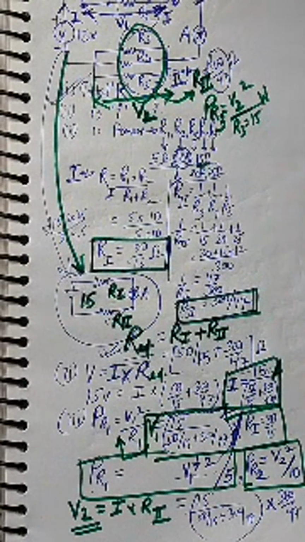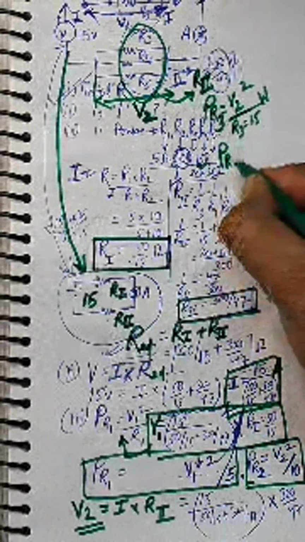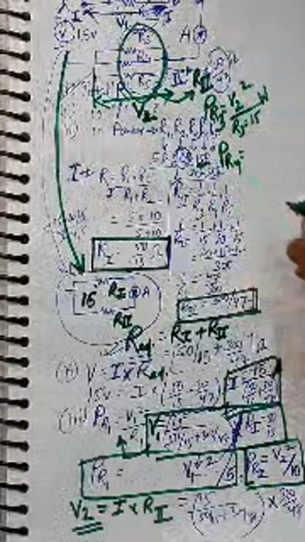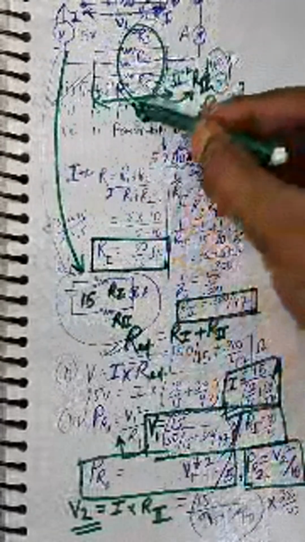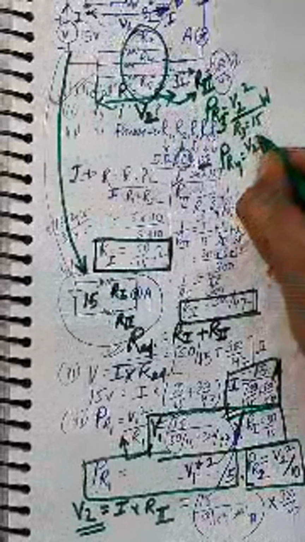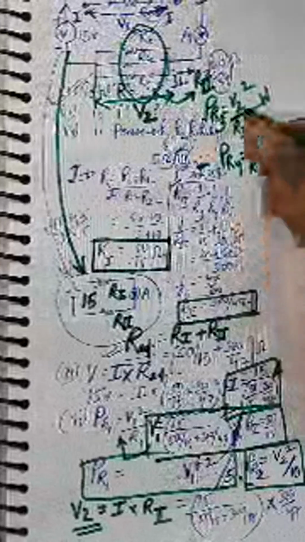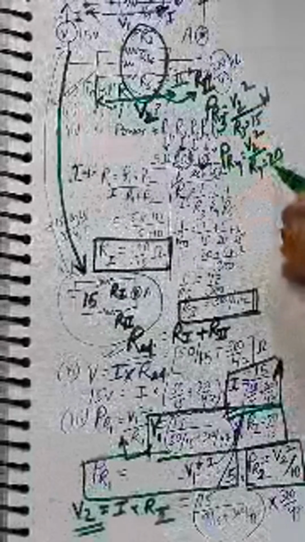This is power, right? Similarly, power across R4 will be equal to the same voltage, because the same V2 will be across R3, R4 and R5, which we have calculated here as V2. So this will be calculated as V2 square divided by R4. R4 whose value is nothing but 20 ohm, right?